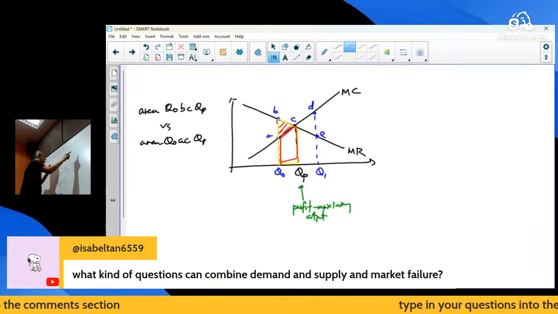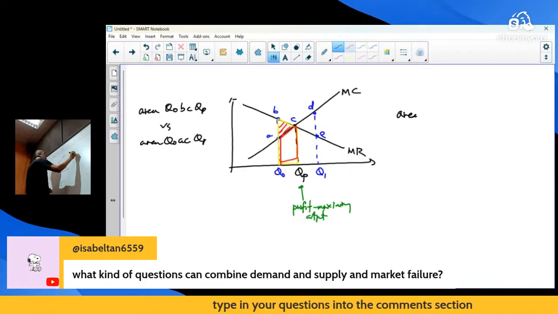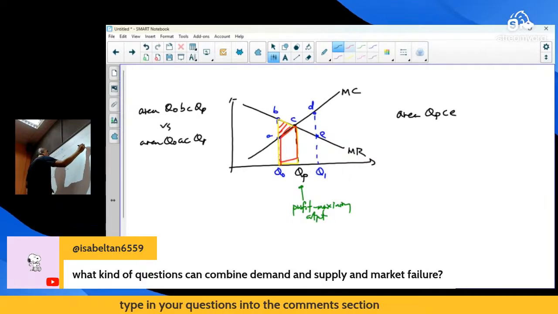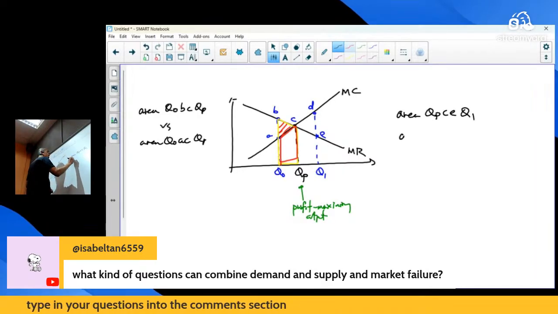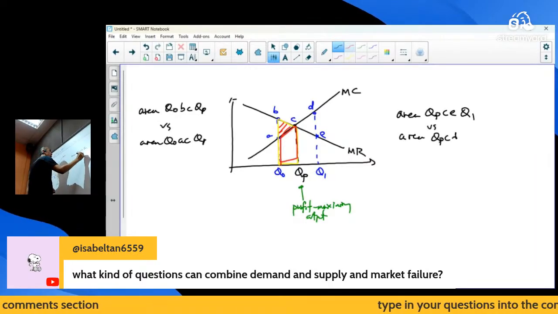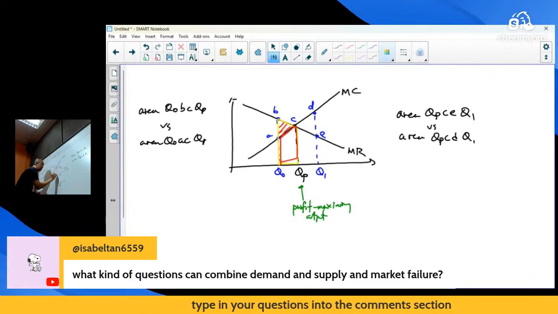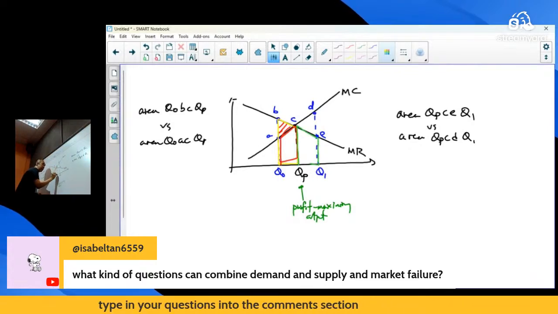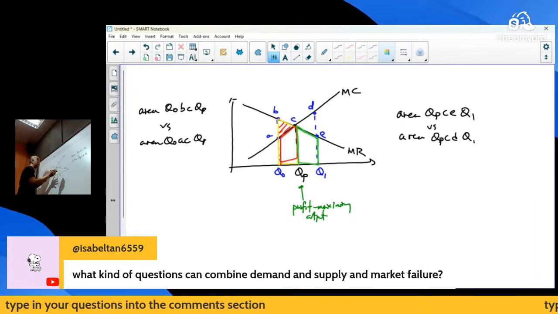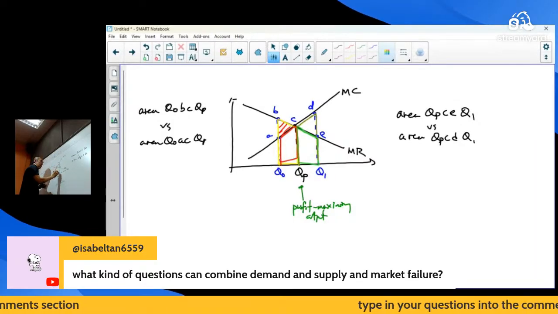But then going on the right side, if you compare area QPCEQ1 versus area QPCDQ1, so area QPCEQ1 is the benefit to the firm, the revenue increase, and the cost increase to the firm is QPCDQ1.